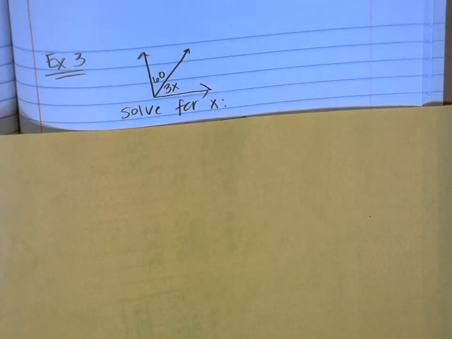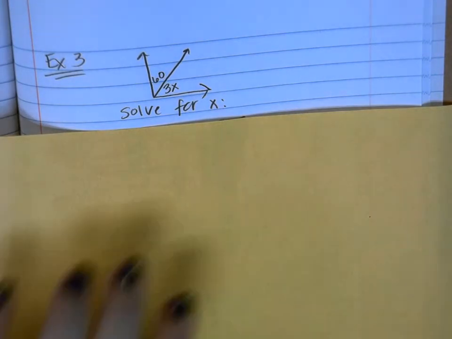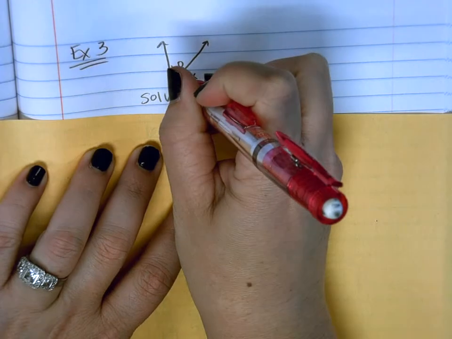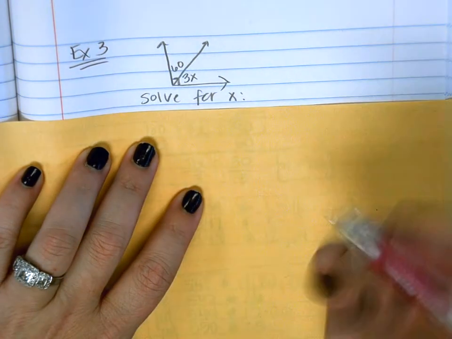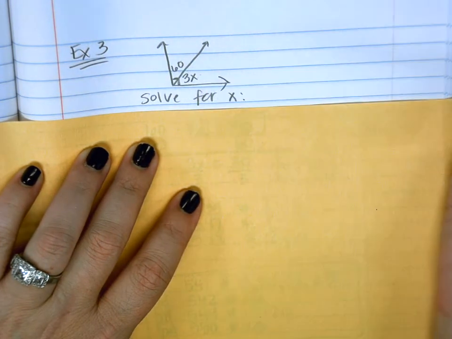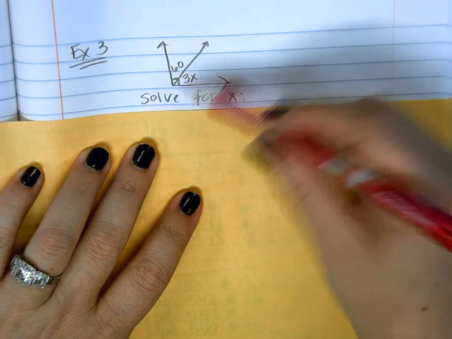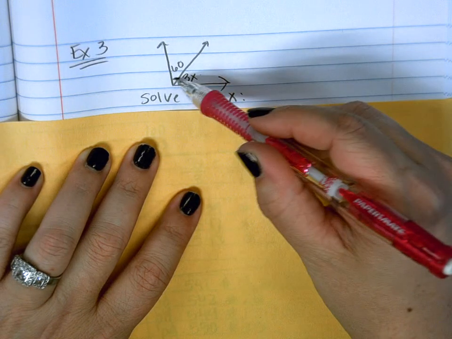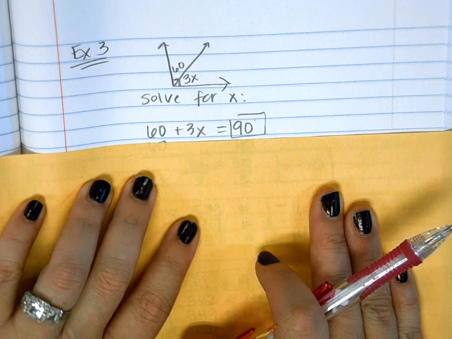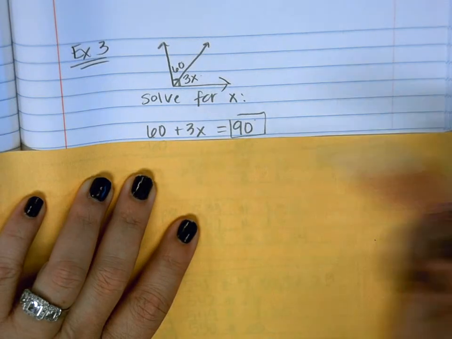Just so you know it's 90, even though you can pretty much tell by the picture, but we should be exact here, right? So let's put a little box to make sure everyone knows that's 90. So now these two have to add up to what? 90, right? We just did a 180. So now that's 60 plus 3x equals 90.